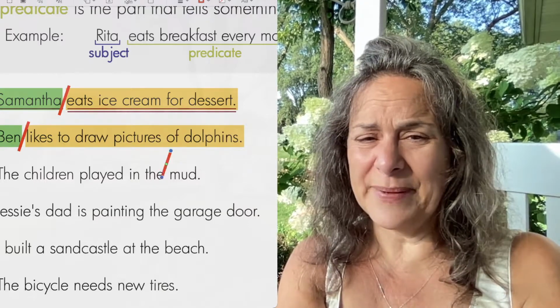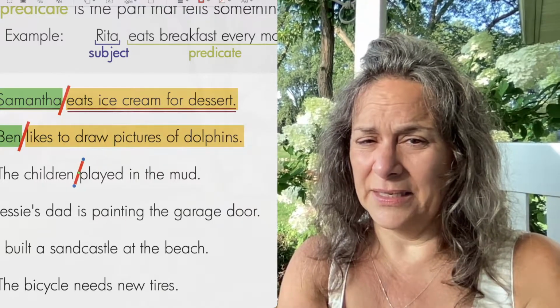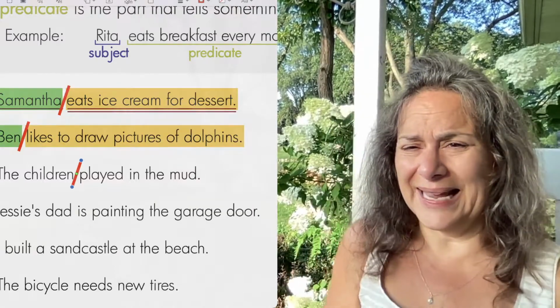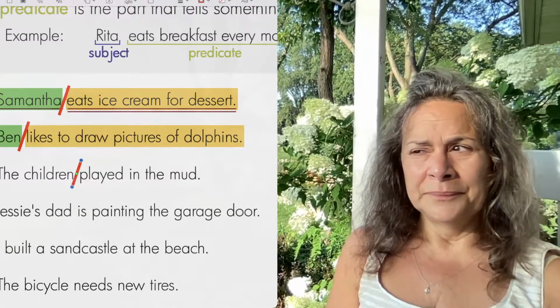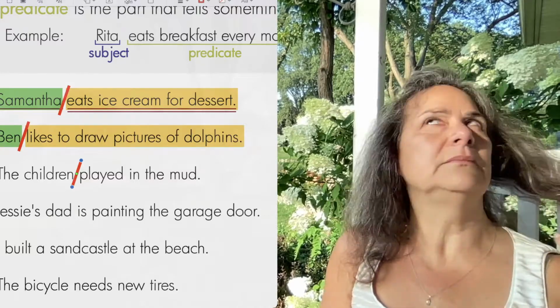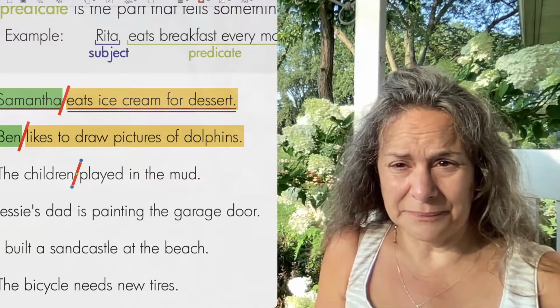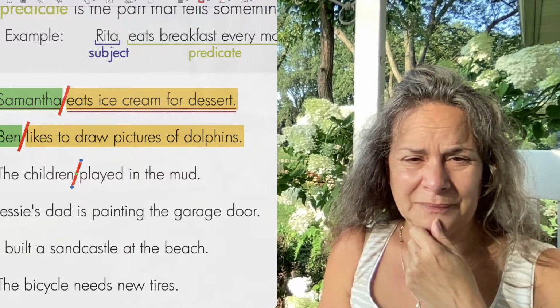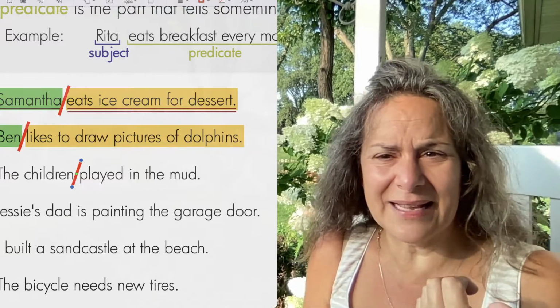Did that happen in the present tense, in the past tense, or the future tense? The children played in the mud. Is it happening right now? Is it happening in the past? Or is it going to happen in the future? That's the past, isn't it?